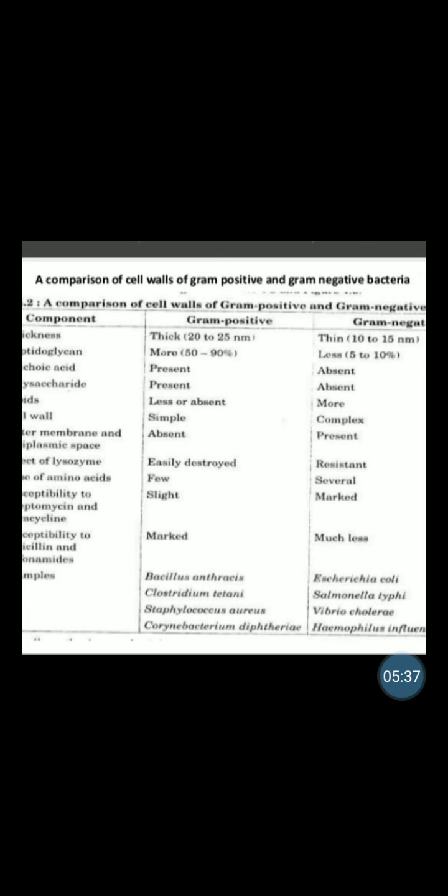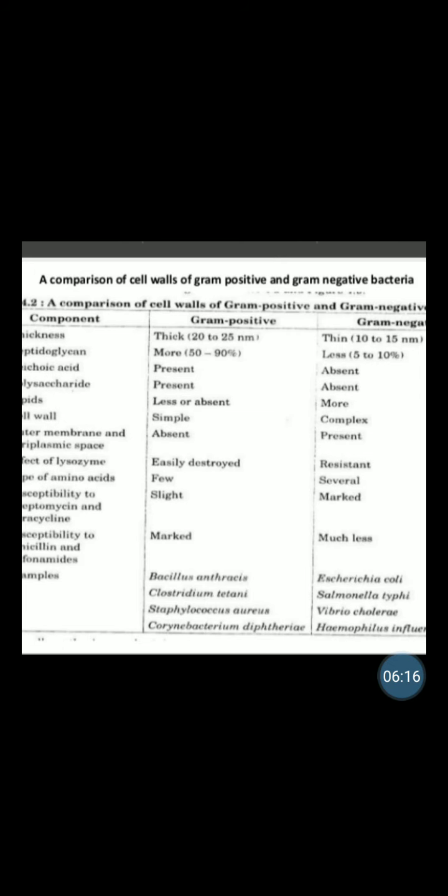Examples of gram-positive bacteria: Bacillus anthracis, Clostridium tetani, Staphylococcus aureus, and Corynebacterium diphtheriae.